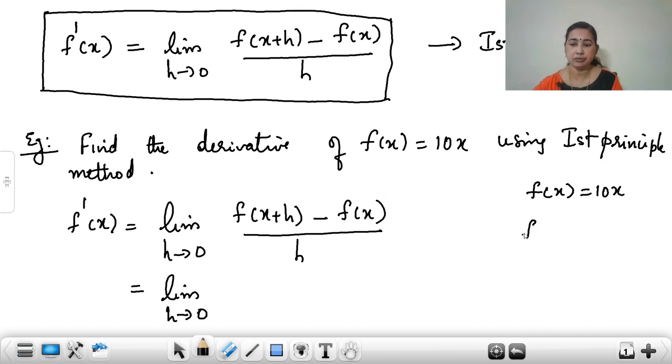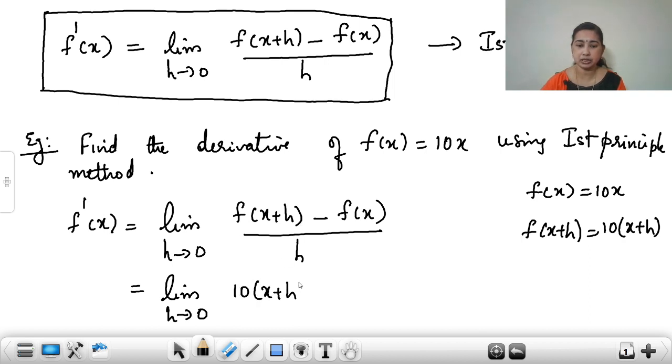So what is f of x plus h? Instead of x, we replace it by x plus h. So 10 into x plus h. Where x is there, we write x plus h. So f of x plus h is 10 into x plus h, minus 10x, whole divided by h.